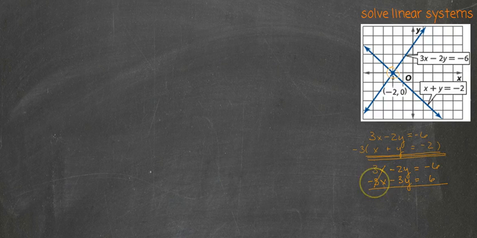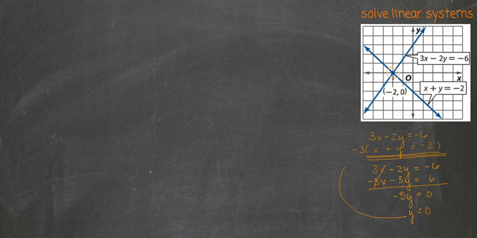So 3x minus 3x cancels, -2 minus 3 is -5, y equals -6 plus 6 is 0, so y equals 0. And in fact, that's exactly the y value of the solution in the graph.